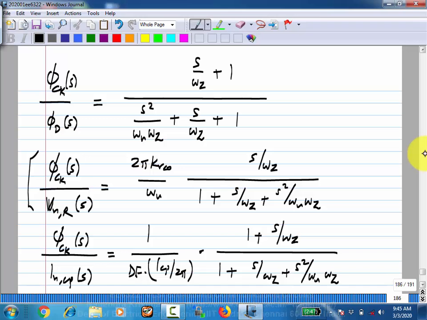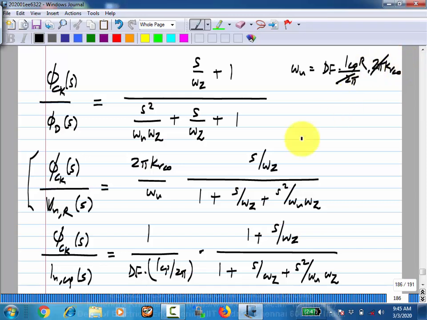Is this okay? And omega u itself was the transition density factor times ICP by 2 pi and ICPR by 2 pi times 2 pi kVCO, right? Okay.